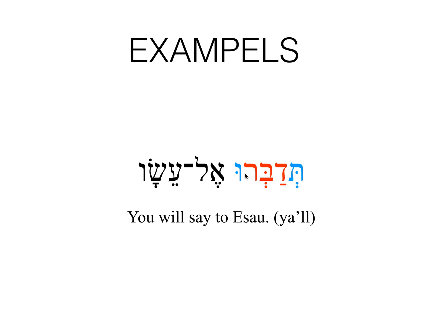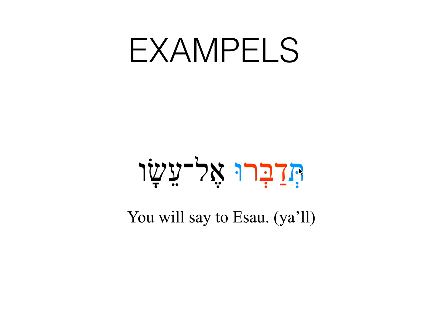So, tedabru, the three root letters are dabar, which means "to speak." Then we see that it starts with tav and ends with u. U we saw as the ending for masculine plural, and if it would be yod, it's third, but tav is second. So it's a second masculine plural, imperfect. Again, if you see the form of the verb, it tells us two things.